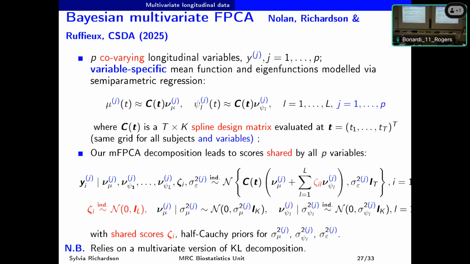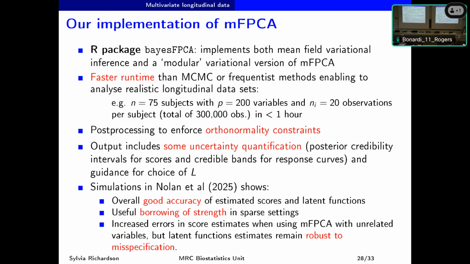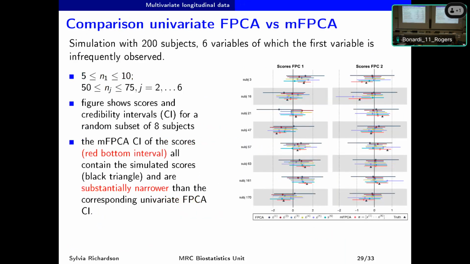But to show you that here, for example, we compared six variables. One had very few data points, the others had a lot of data points. And so the multivariate version is the bottom red line, the others are the univariate.